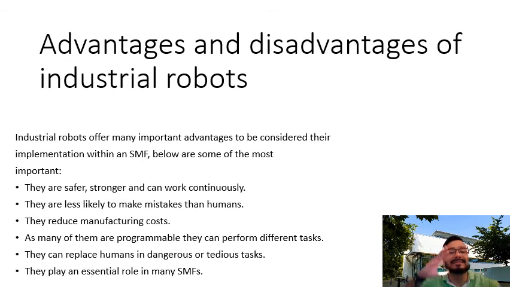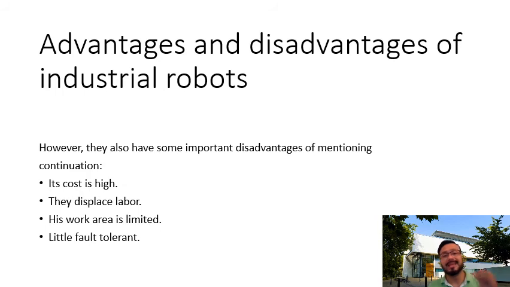They play an essential role in many flexible manufacturing systems. However, they also have some significant disadvantages. Their cost is high. They displace labor. Their work area is limited and they are little fault tolerant.